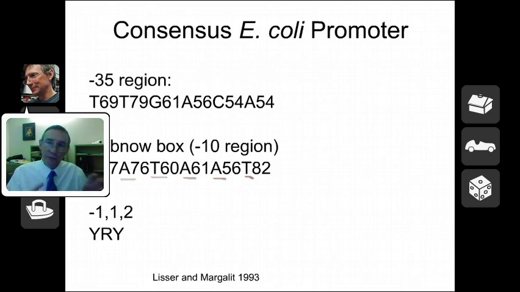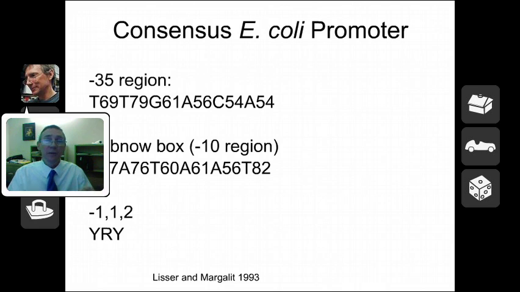Now, it's maybe a little misleading to think about this. Although none of those nucleotides has to be the same, you can change any one of those nucleotides and it'll still be a promoter that'll function. And it may function better the closer it is to this consensus sequence. You can't change them all. You don't have a promoter if you happen to have none of those bases there.